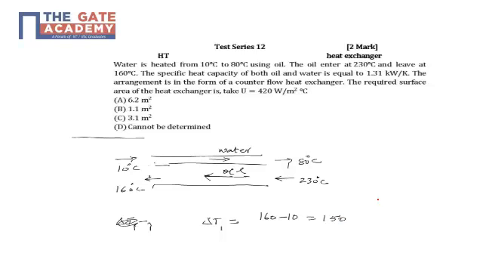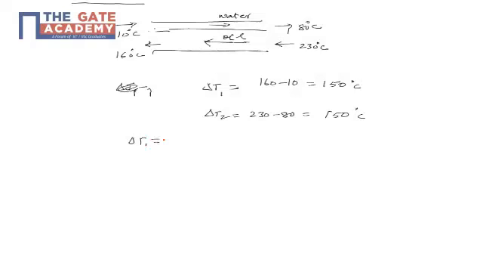At the right end, delta T2 is the difference, so 230 minus 80, that is also 150. So the delta Ts are the same. Remember that when delta T1 and delta T2 are the same, it can be proved that the LMTD, which is the log mean temperature difference, given by delta T2 minus delta T1 over ln of delta T2 by delta T1, boils down to delta T1.